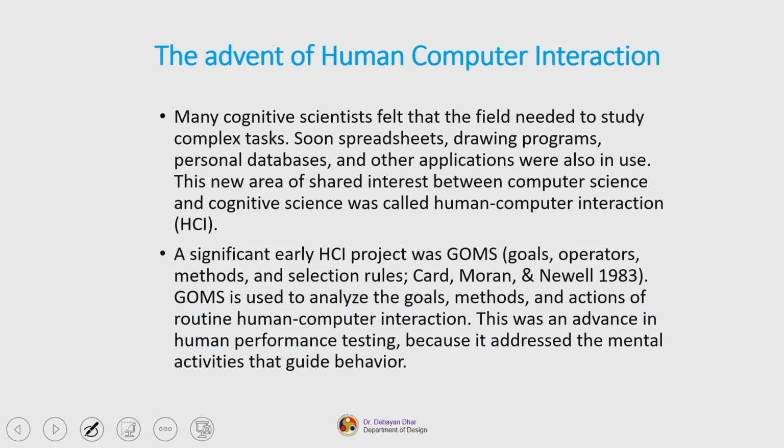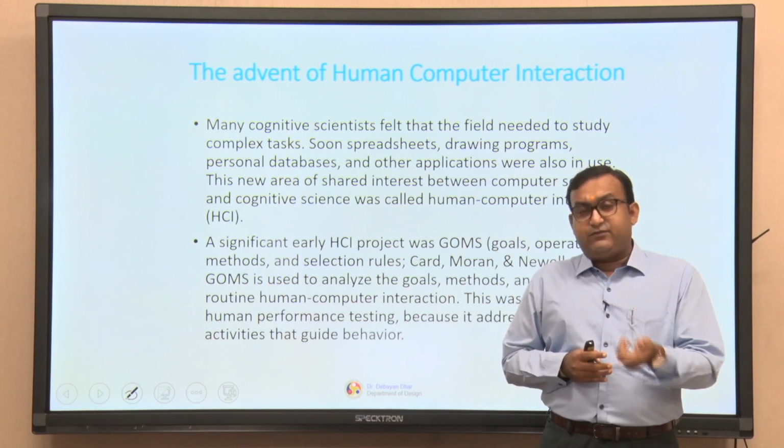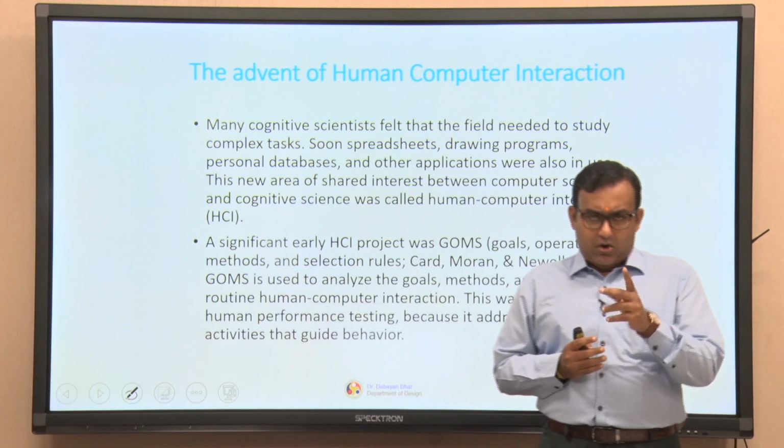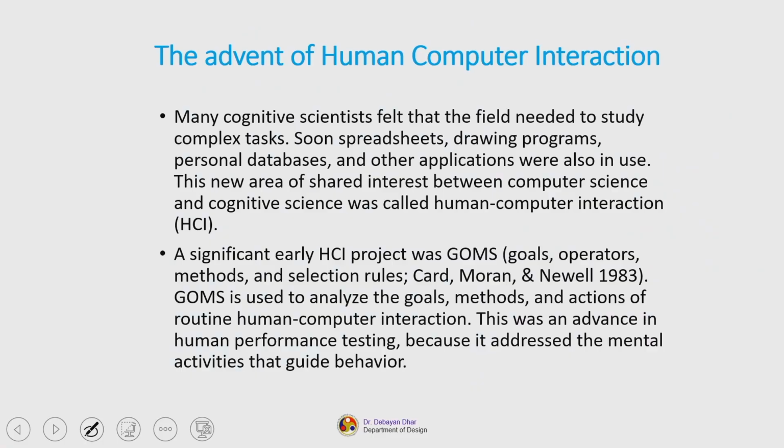Now, GOMS is used to analyze the goals, the methods and actions of routine human computer interaction. Routine human computer interaction means tasks that were routinely performed by your customers or your users. This was an advance in human performance testing. Why?